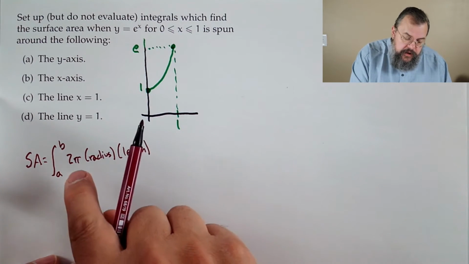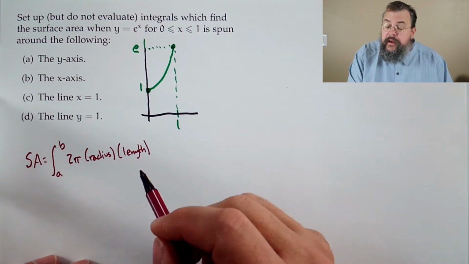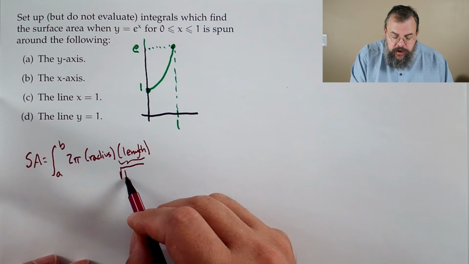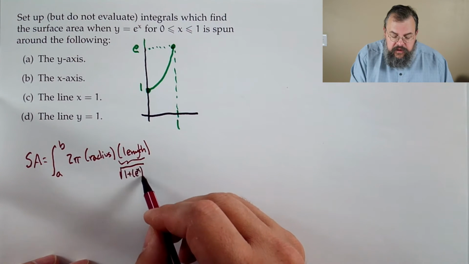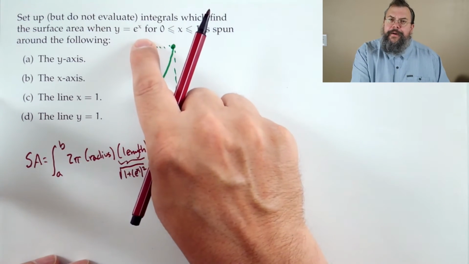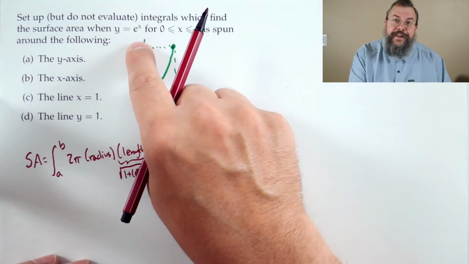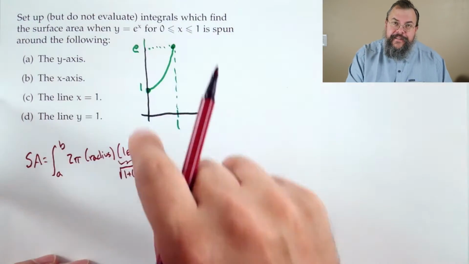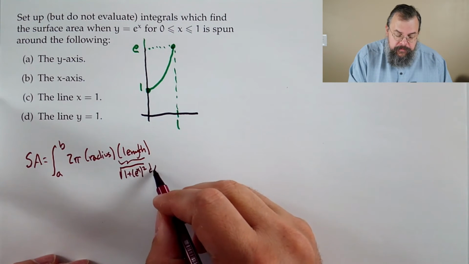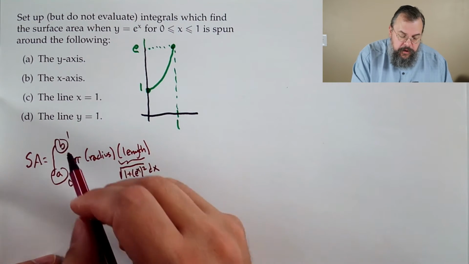We know the length, thinking of this as a function of x, would be the square root of 1 plus e to the x squared. Now this e to the x is not that e to the x. You probably think, wait a second, what? The derivative of e to the x is e to the x, so this is the derivative of that function. So there was a derivative involved there, and dx. And our bounds are pretty simple: 0 and 1.